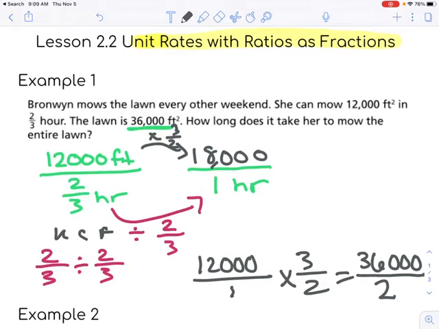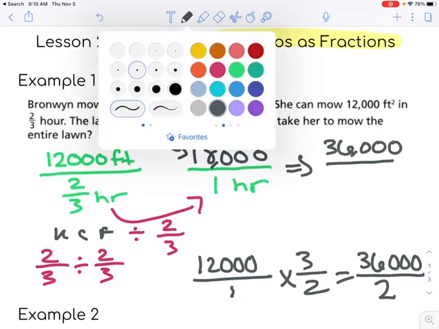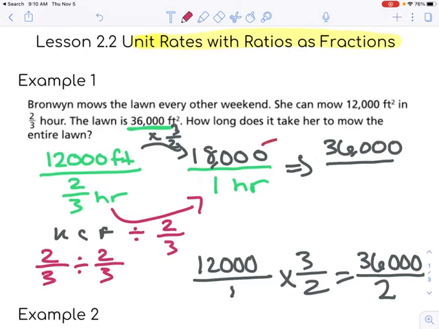So now that I know how much she can mow in just 1 hour, now I can set this up, because now I want to figure out how long it's going to take us to mow 36,000 feet. So now this is where we can figure out, what are we multiplying 18,000 by to get 36,000?